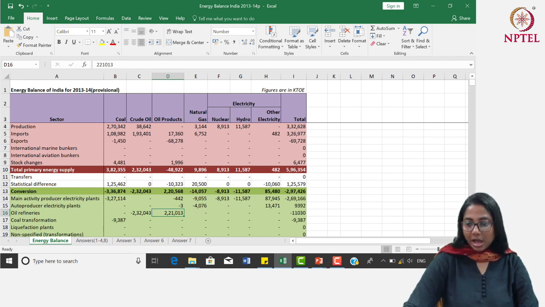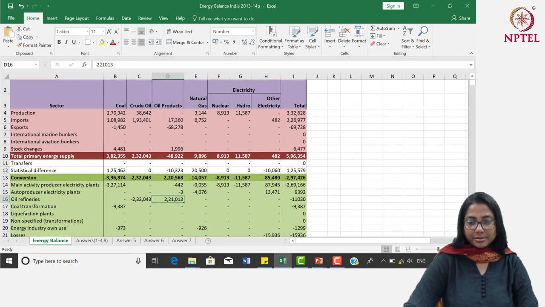As we have discussed how you read the conversion part, you see this is the oil product which is being produced. Under the fuel oil product, this value is entered with a plus sign. So this is a secondary form of energy which is being produced in the transformation sector and added to the energy supply of the country.